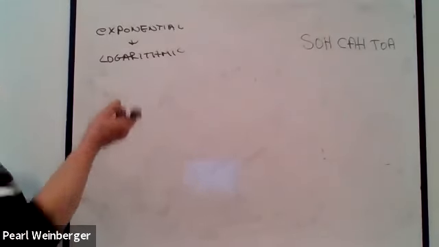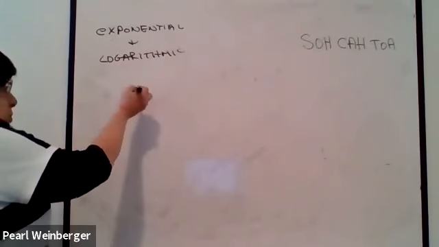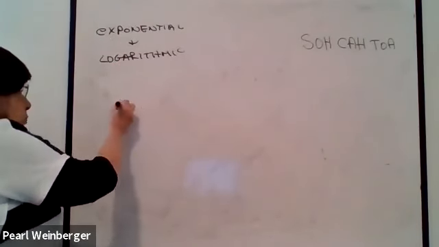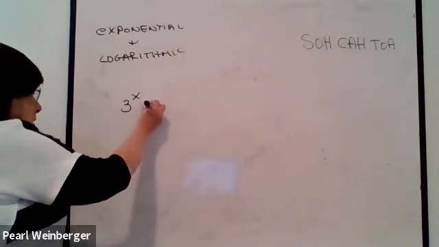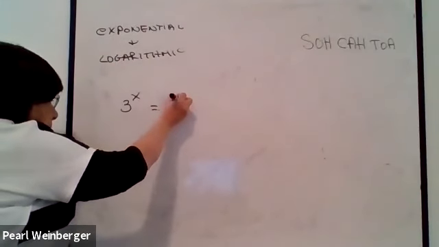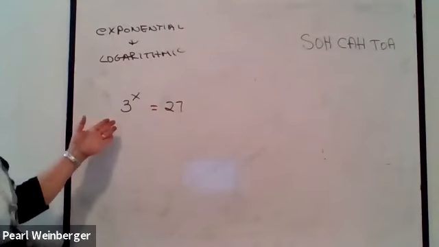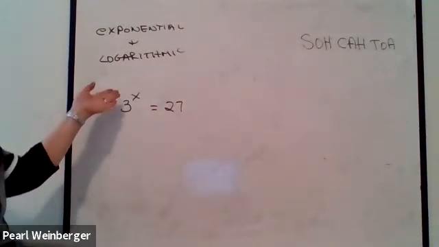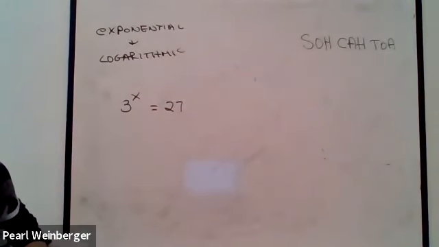Here's an example: suppose I have 3 to the x equals 27. It's called an exponential equation because the variable, what we're looking for, is in the exponent.